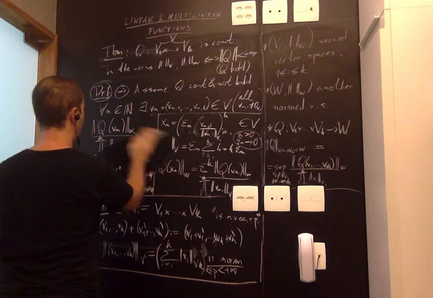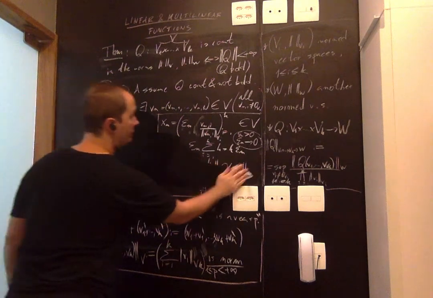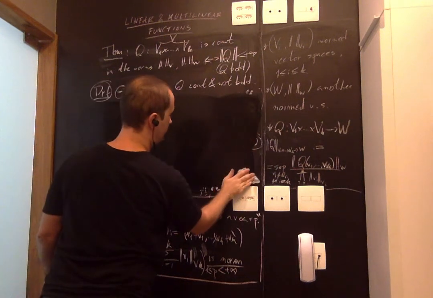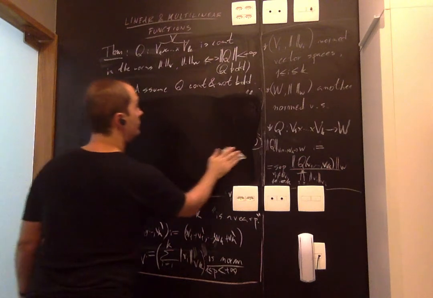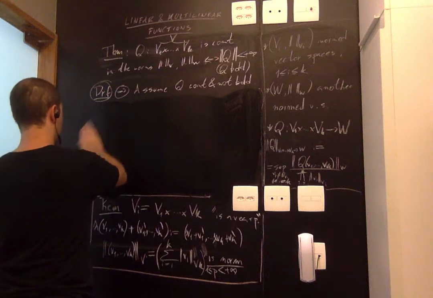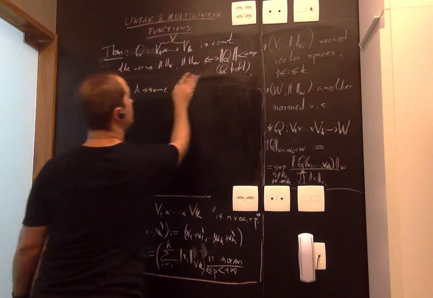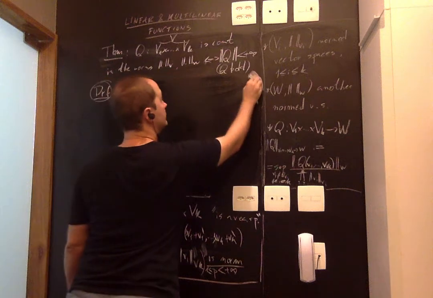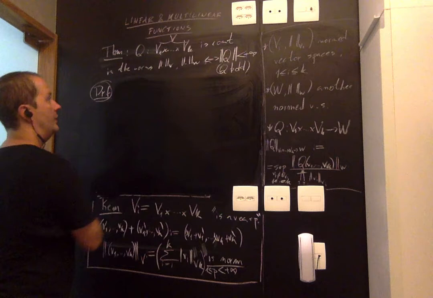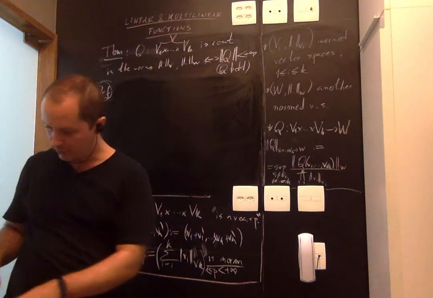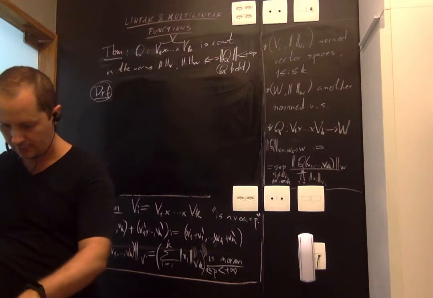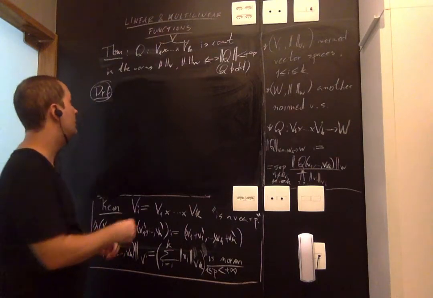Well, part two, meaning the other direction, the converse statement. So how do I prove that q bounded implies q continuous? At this time, I'm going to need those exercises that I discussed before, because we're going to be talking about convergence.